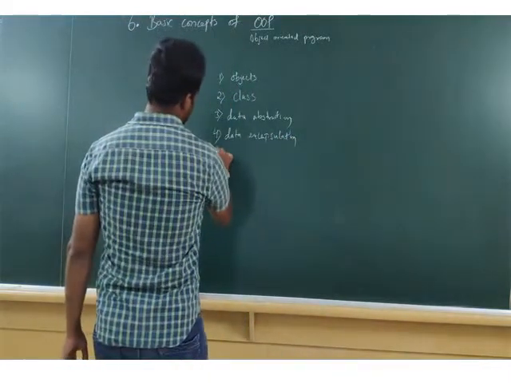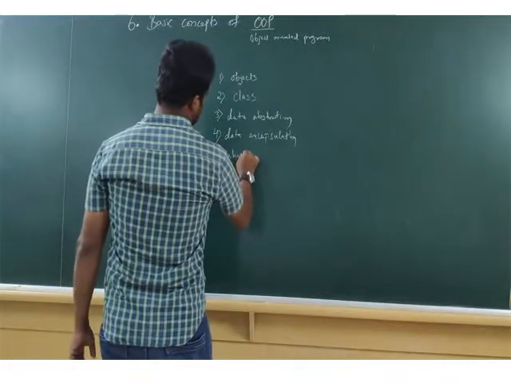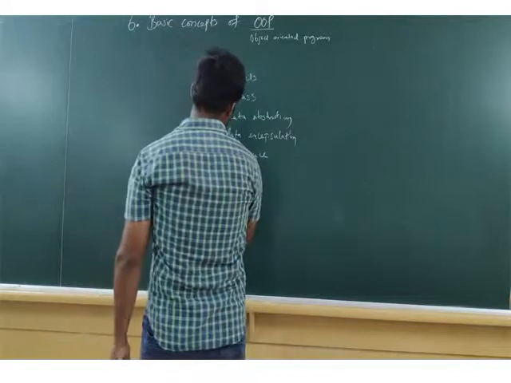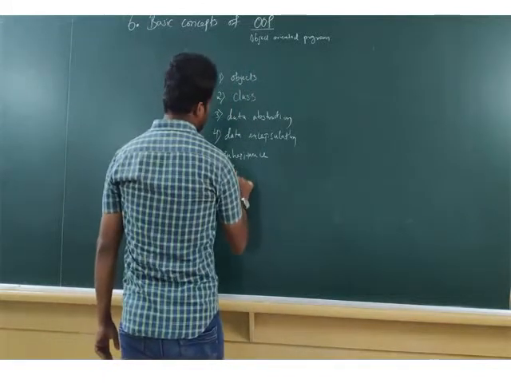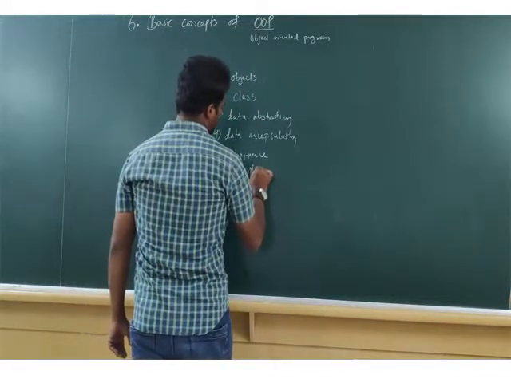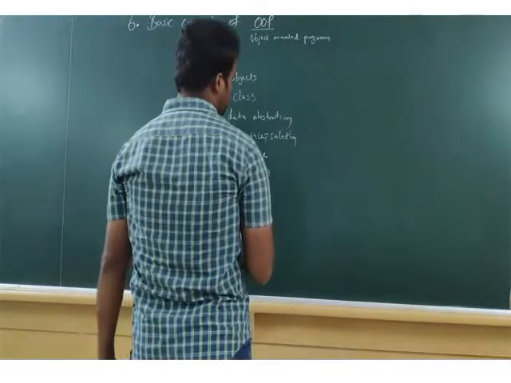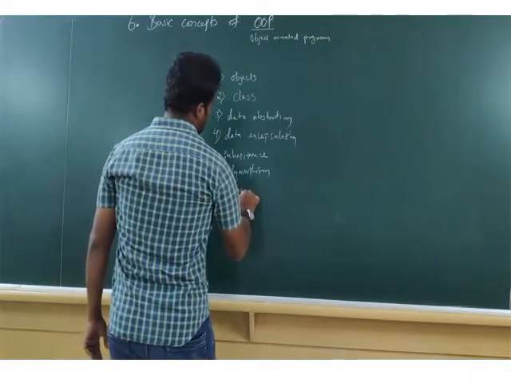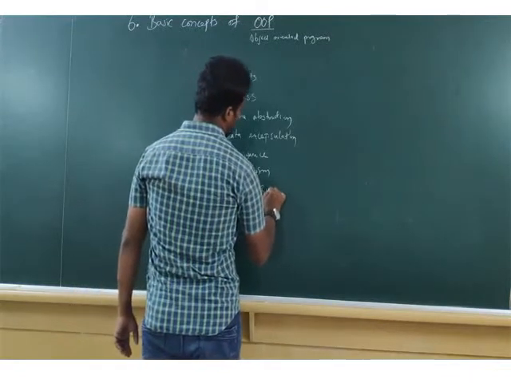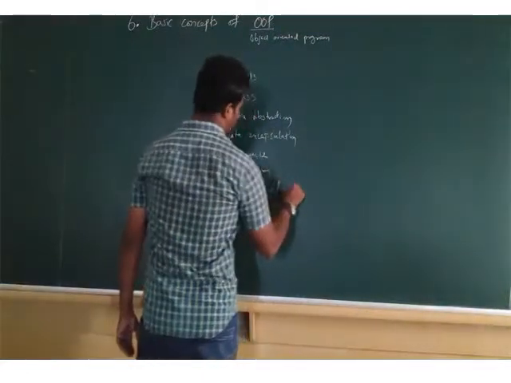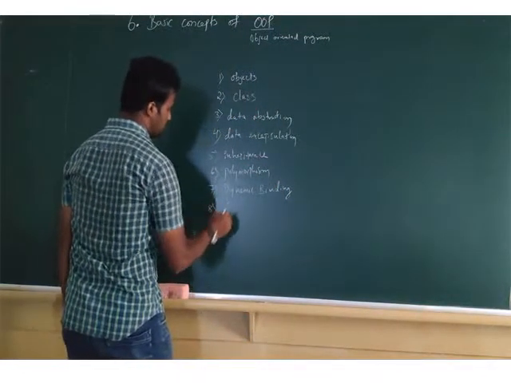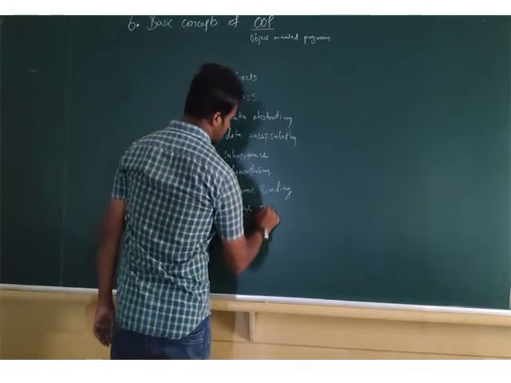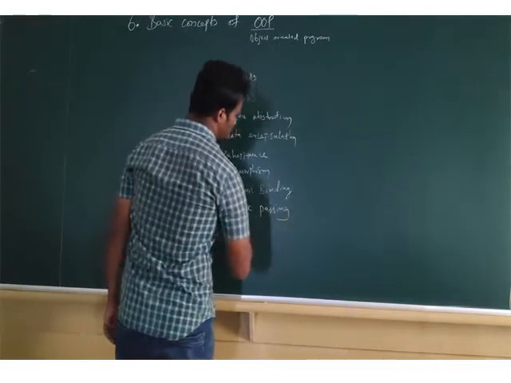Fifth point is inheritance. Sixth point is polymorphism. Seventh point is dynamic binding. Eighth point is message passing.